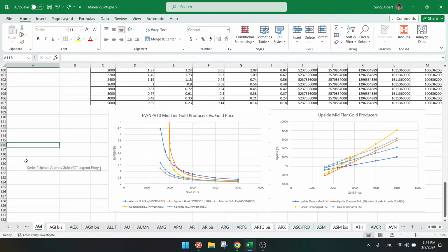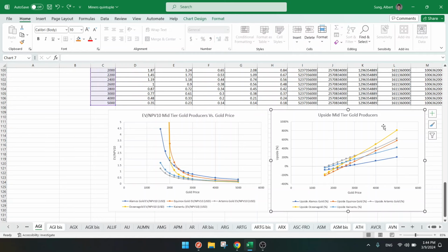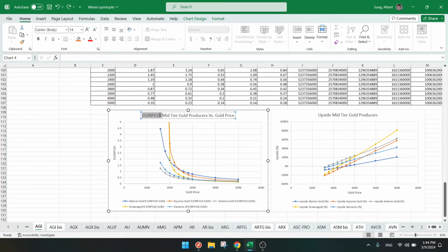In this video, we are going to automate the sensitivity analysis on enterprise value to NPV10 of gold miners. I want to automate this chart here. And this chart shows the upside of gold miners at a certain gold price based on the EV to NPV ratio.